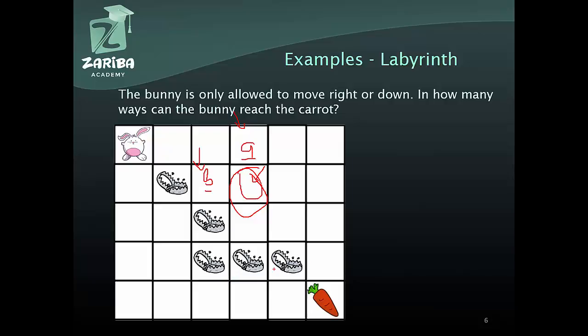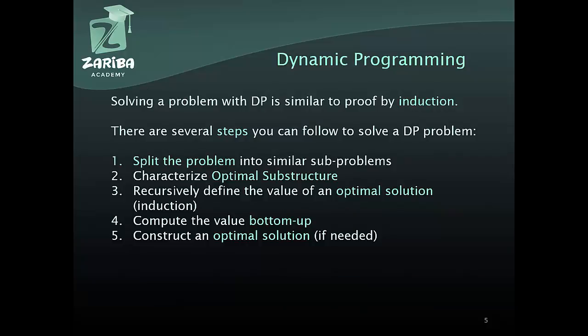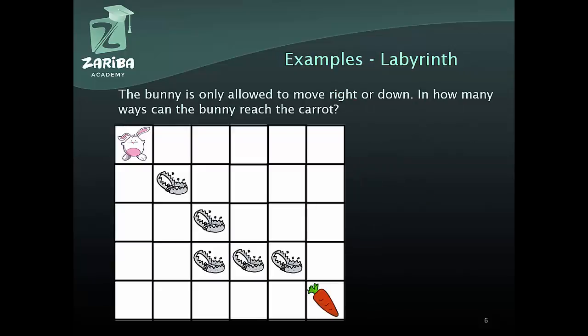So you have to identify, so this is the step from the previous one, you have to characterize or define the optimal substructure. So in this case, the optimal substructure is that we can identify for each cell, imagining that the caret is here, how many ways there are to reach this cell, which gives us the A, the B, and then the rest is easy.